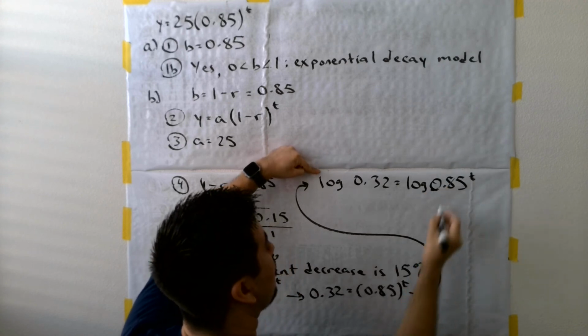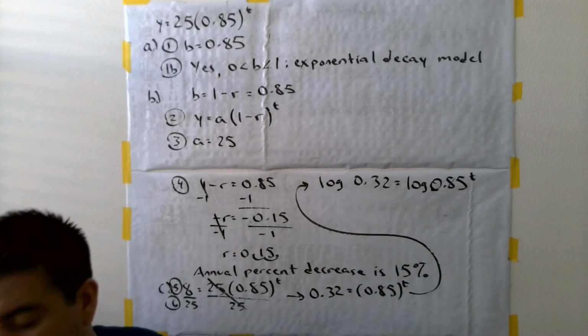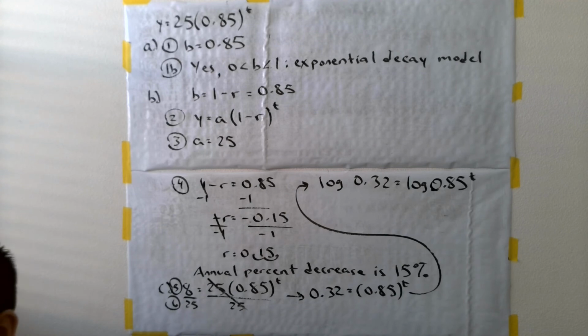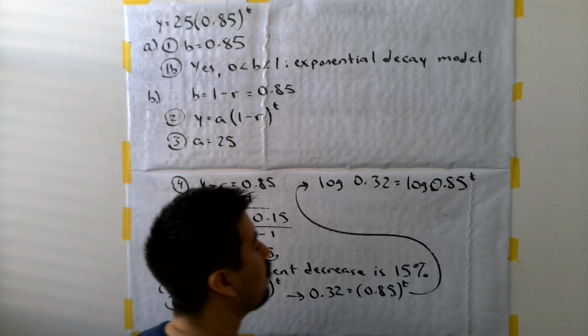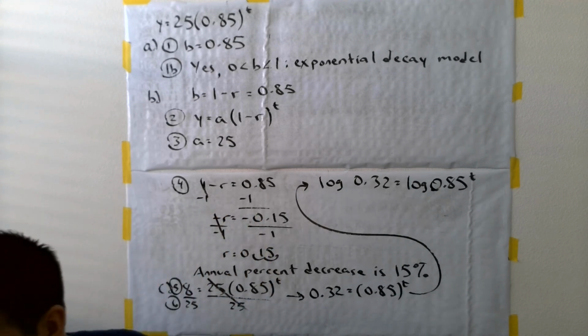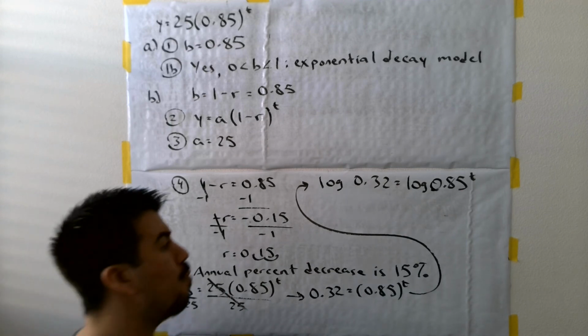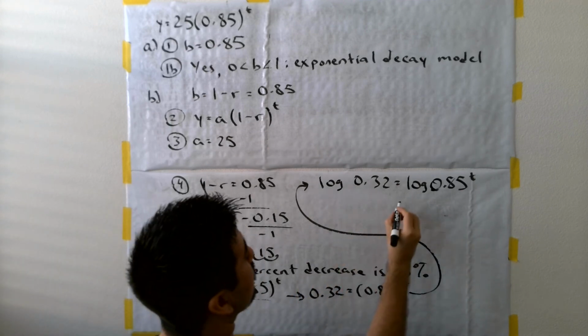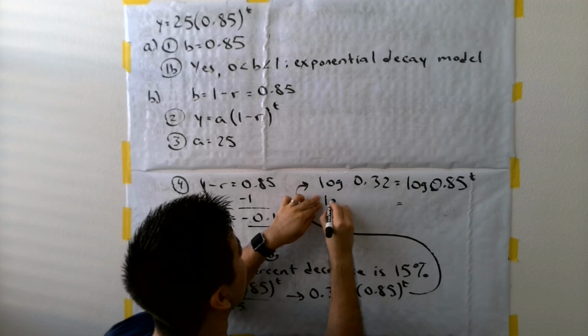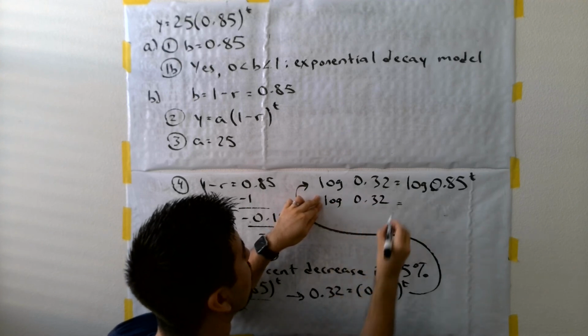Now there is a specific property for logarithms that we would use here. This is called the power property of logarithms. So this doesn't change, log 0.32.